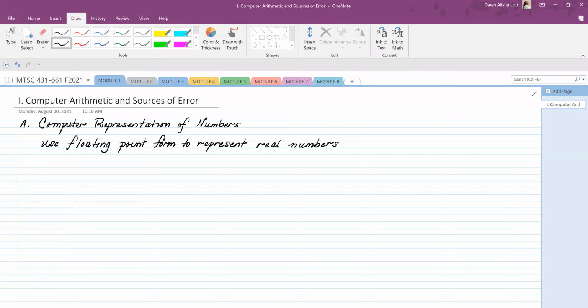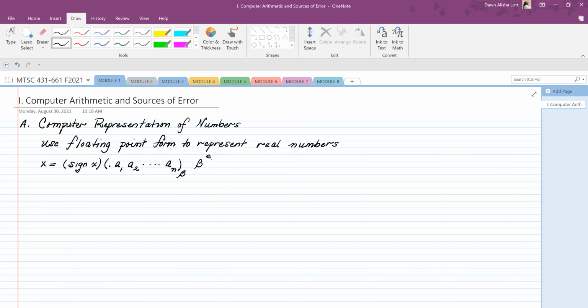So let's say we have a number X. It is represented by the sign of X, that's the plus or minus, and then a decimal .A1 A2, all the way up to AN, with respect to some number beta, and then it's multiplied by beta to the E.